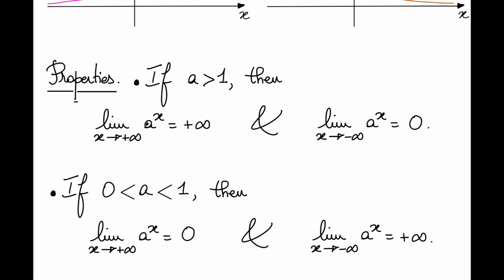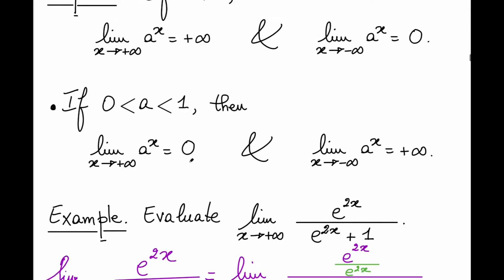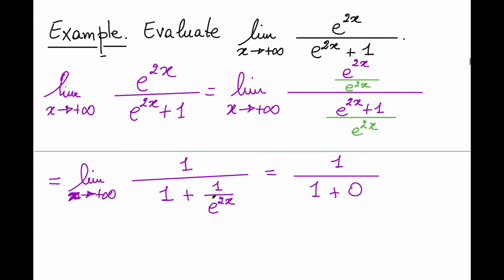In this case, a is e and the exponent is twice x, right? So e to the power twice x is going to plus infinity. 1 over something that blows up is going to 0. That thing goes to 0. So this whole thing becomes 1 over 1 plus 0, which is 1. Does it make sense?